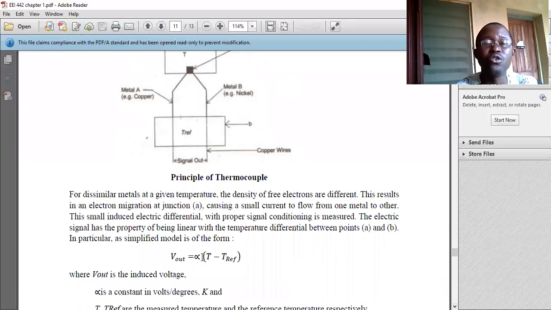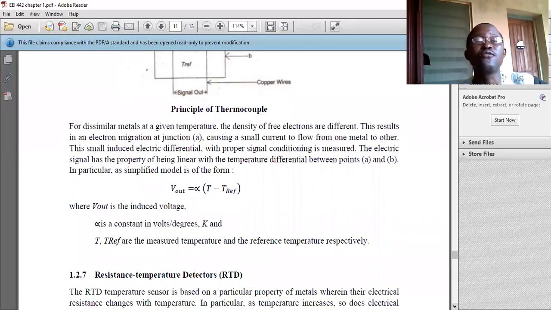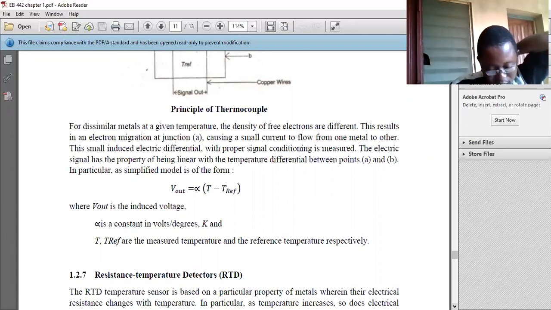So the EMF produced, the voltage out, is proportional to the difference in temperature. It's proportional to T minus T_REF. You can see it in the formula on the screen. There will be a small current flowing in the cables, thereby producing EMF at the two ends of the two wires.